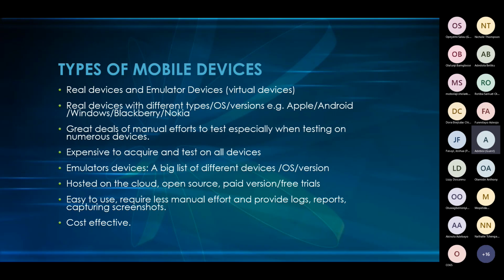And okay, why is it that I can't use real devices? We can use real devices to run our test, or we can use emulator devices to run our test. So we just look at which one is more convenient for us and we run our test. But out there, in your place of work, you have to use emulator devices.